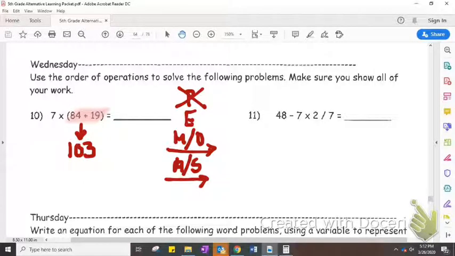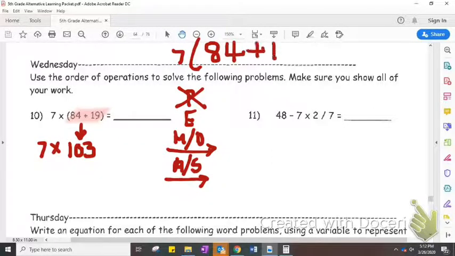I don't need to bring down the parentheses because they have the multiplication symbol there. They could have written it like this, and if they had, I would have needed to bring down the parentheses symbol because that would indicate 7 times the quantity. There's more than one way to write something.